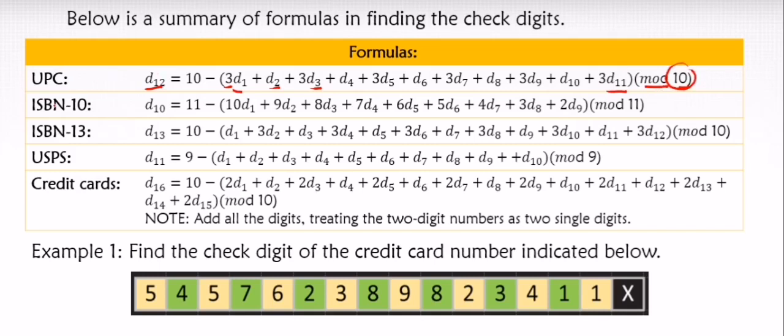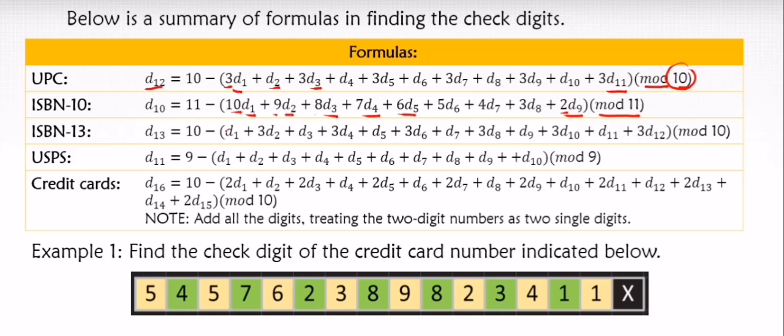Okay, kapag naman ISBN, pag alam natin libro, yung code na ginagamit natin, meron tayong D10 equals 11 minus 10D1 plus 9D2. So, start tayo kay 10, then 9, 8, hanggang makaabot kay number 2. So, 10 times D1, meaning the first digit, plus 9D2, plus 8D3, 7D4, 6D5, until 2D9, and then mod 11 or modulo 11.